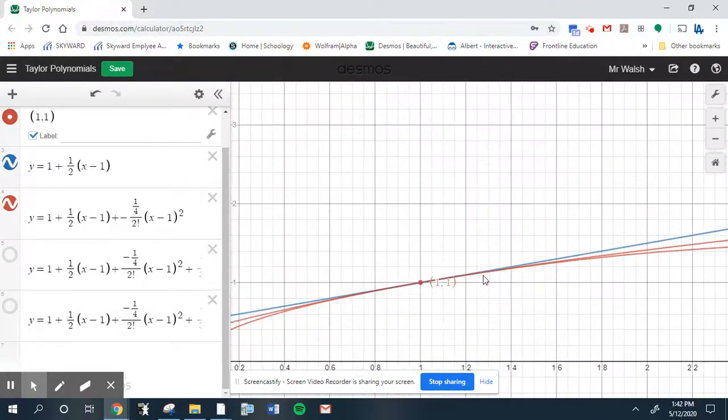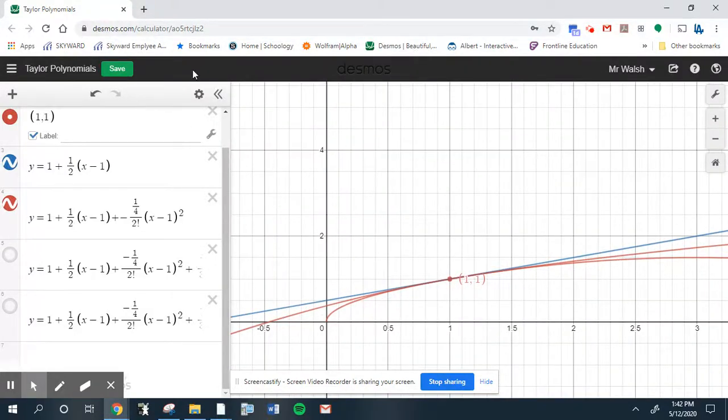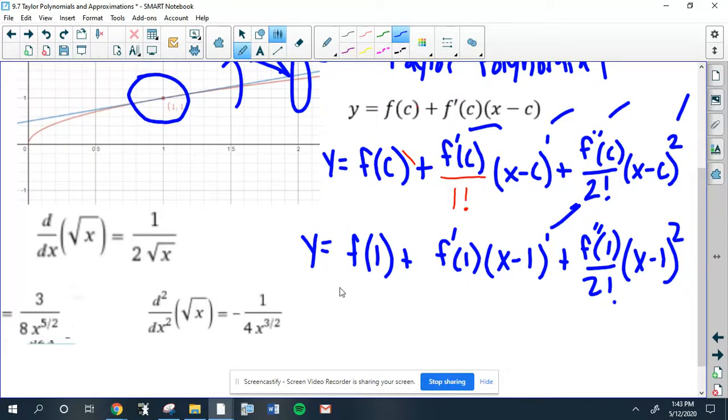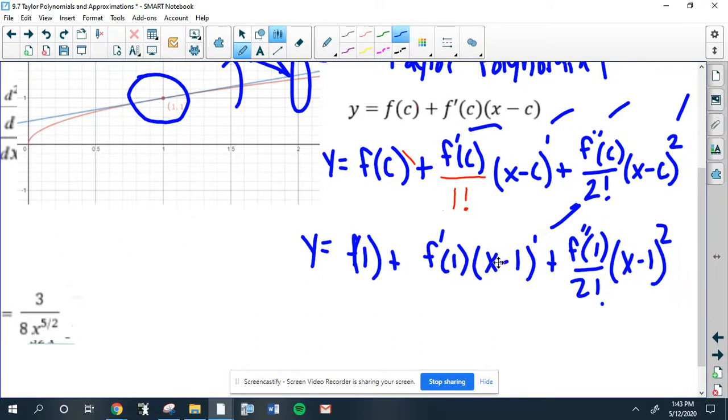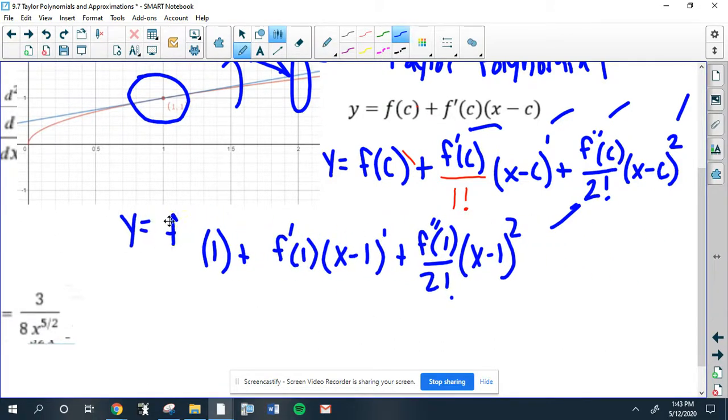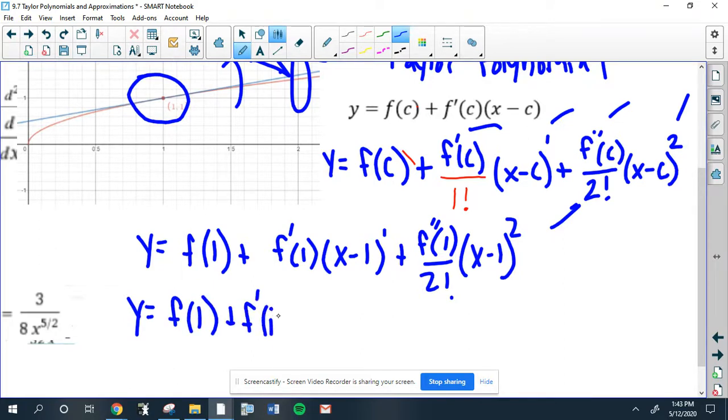Now I'm going to add one more term to this Taylor polynomial. So let's move this over. Let's make it a third degree polynomial. So we're going to have y equals, nothing changes. This was our first degree polynomial. This was our tangent line.